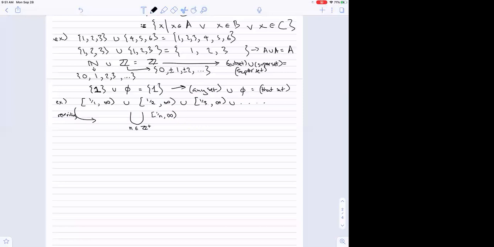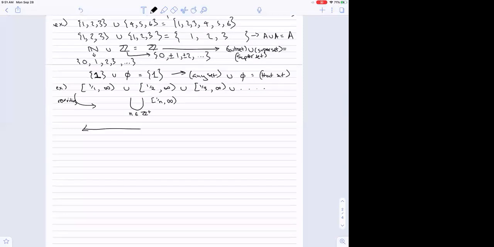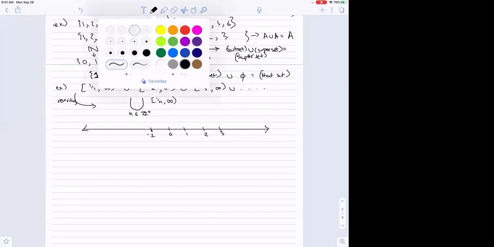If I were to draw this out, it would look like this. I'm drawing it on the real number line, because we're taking intervals from the real numbers. Let's do 0 here, and 1 and 2 and -1 just for the sake of it. I'll change colors.